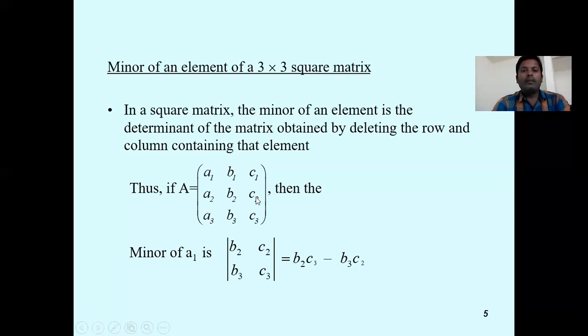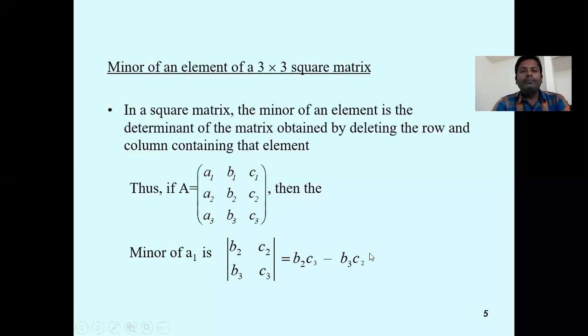Whenever we write the minor of A1, the corresponding row and column are neglected. Then we find the determinant: B2 into C3 minus B3 into C2.